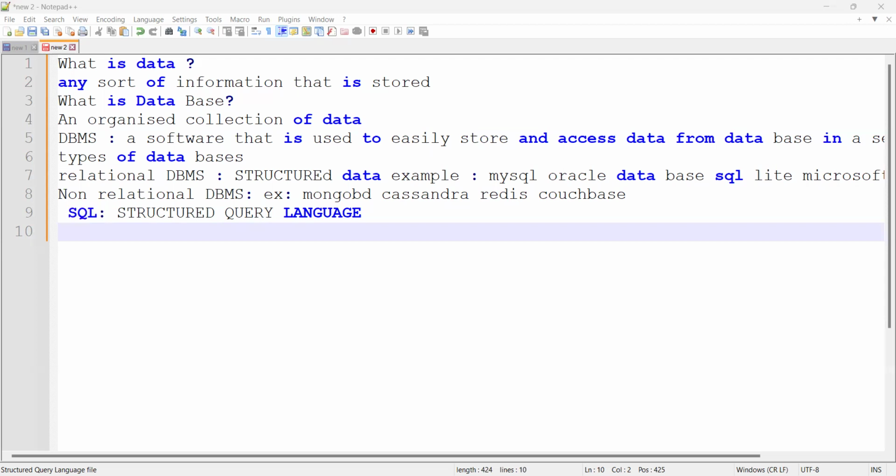Can you give examples of non-relational databases? A non-relational database we can also call a NoSQL database, meaning not only SQL. Examples are MongoDB and Couchbase. These are examples of non-relational databases. Like that you can tell.